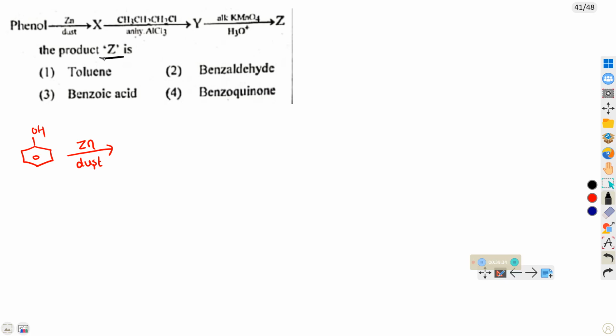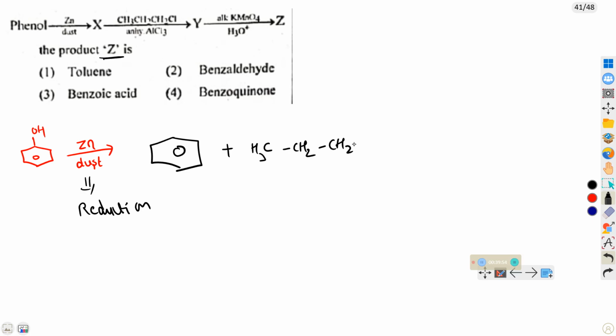Identify Z in the following reaction. Phenol reacts with zinc dust. Reduction process takes place. Phenol undergoes reduction. Then it gives benzene. Benzene reacts with CH3, CH2, CH2, Cl. Alkyl halide. The process is Friedel-Crafts alkylation.